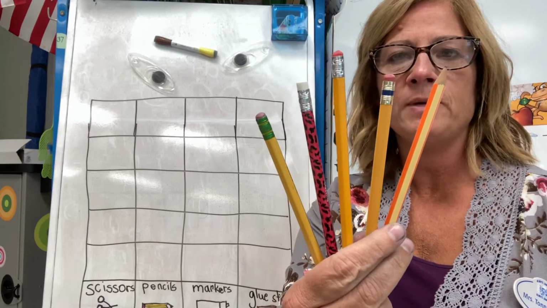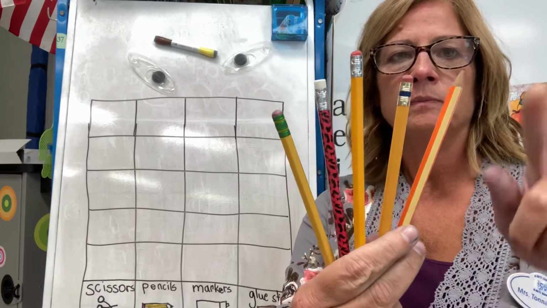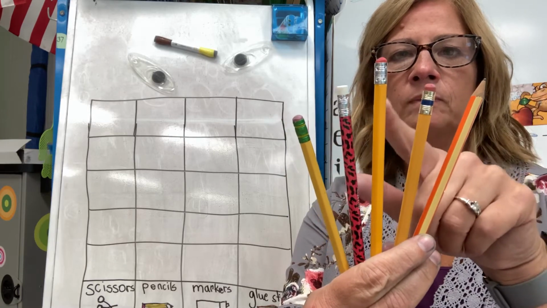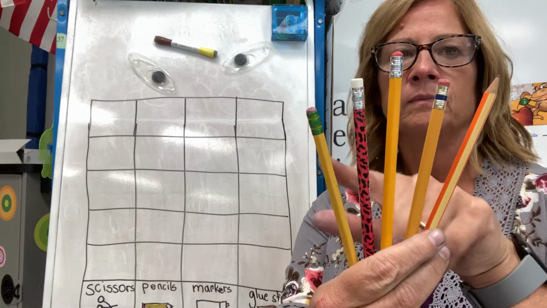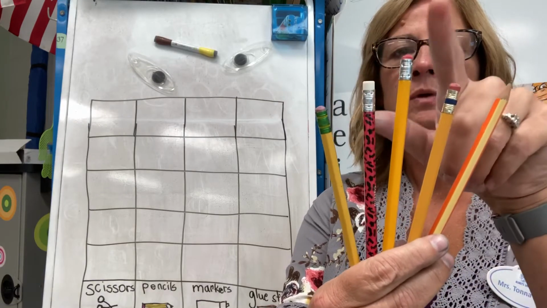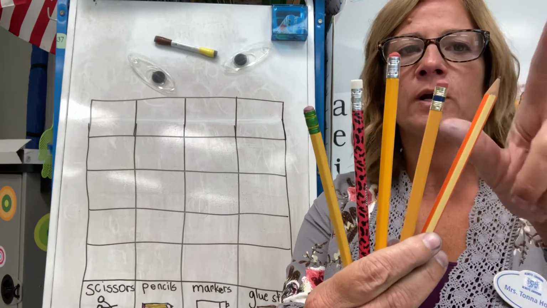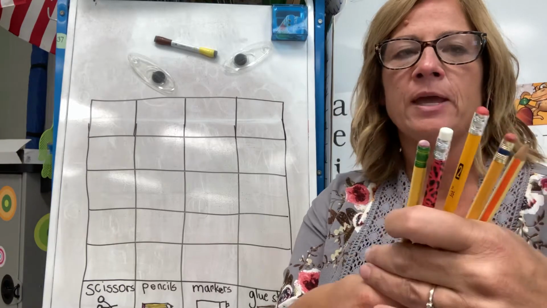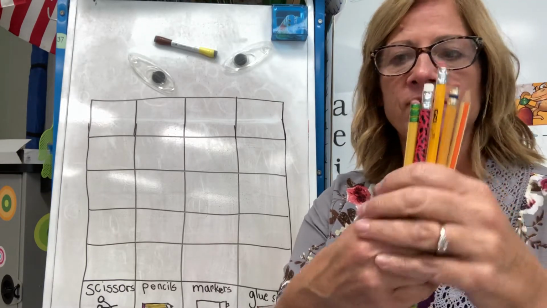Can you count them for me? All right, let's do it together. 1, 2, 3, 4, 5. So I had 4 pairs of scissors and 5 pencils.